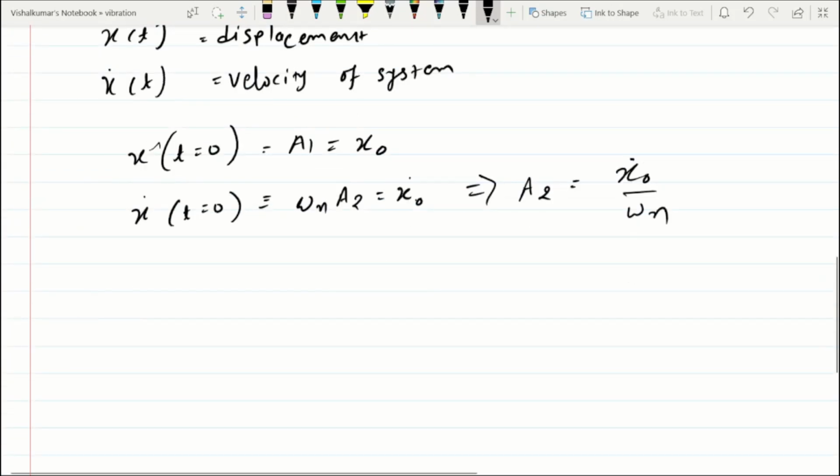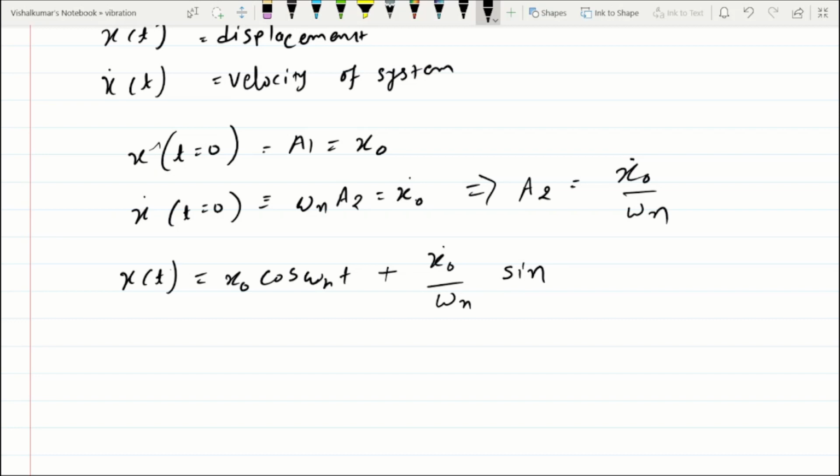We can write our response as x of t equal to x0 cos omega n t plus x dot 0 divided by omega n sin omega n t.